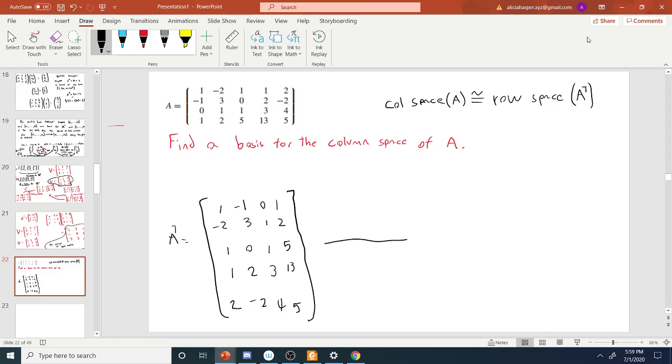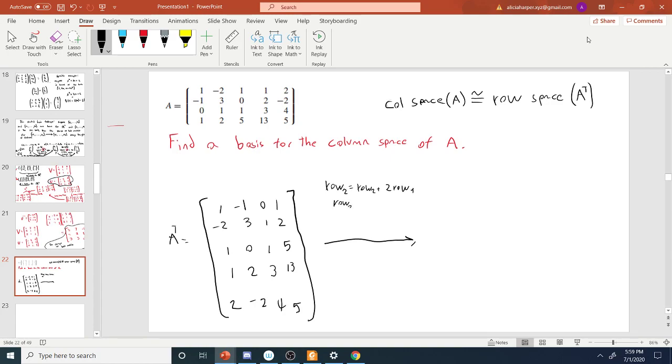So now I'm going to do a sequence of row operations to put this in row reduced echelon form. First thing I'll do is set row 2 to be equal to row 2 plus 2 times row 1.